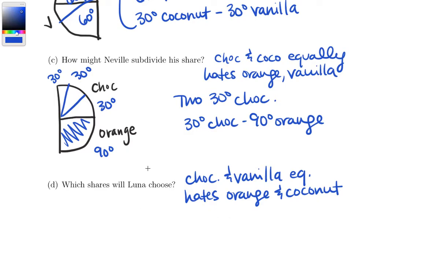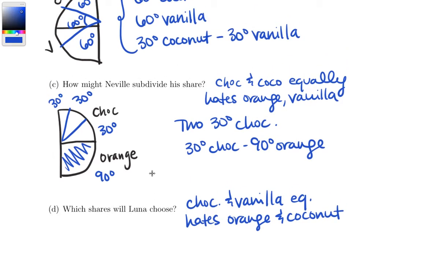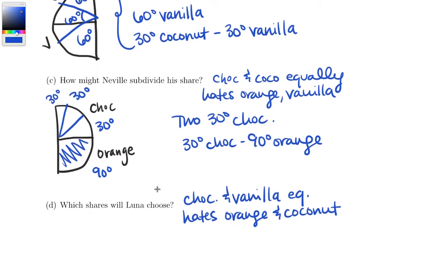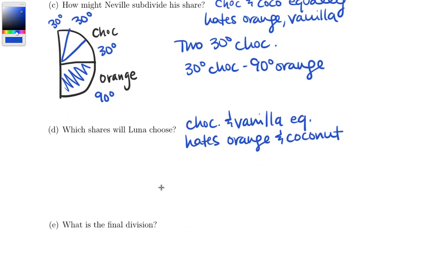Okay, so let's look at Hermione's shares up here. Okay, Luna likes chocolate and vanilla. So up here we've got coconut, vanilla, or coconut vanilla. Well, Luna hates coconut. She's going to take the most vanilla that she can, so she's going to choose that 60-degree vanilla piece.